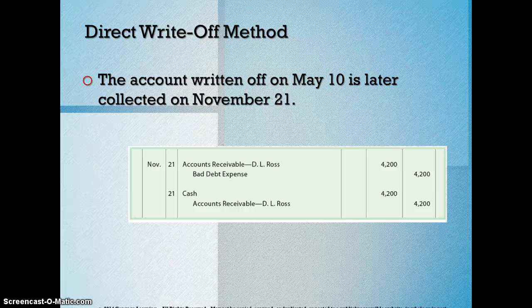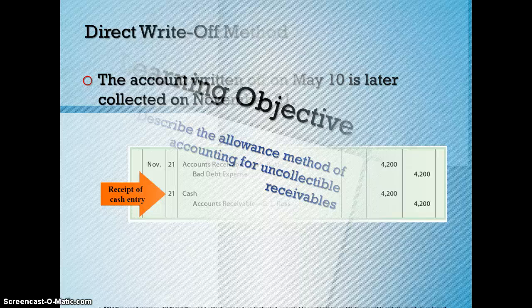So all we have to do is reverse our entry from May 10th and then record the cash. So ultimately on November 21st, he ends up back at the 0 balance, but he has actually paid it this time. So we take it out of our bad debt expense and we get cash for it.